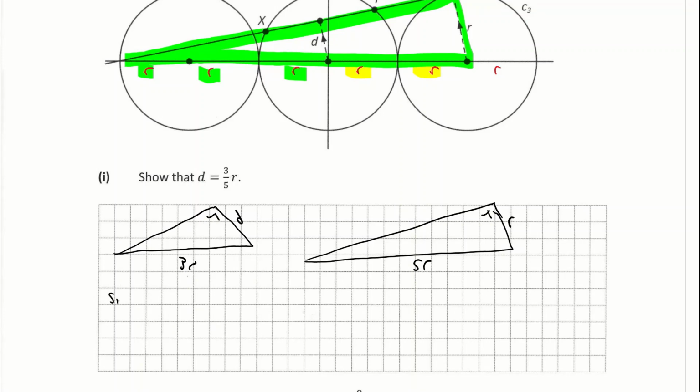So if I match up my similar sides, because similar triangles are proportional, using similar triangles, I could say d over r. So I'm matching the d and the r, and then I'm matching the 3r equals the 5r.